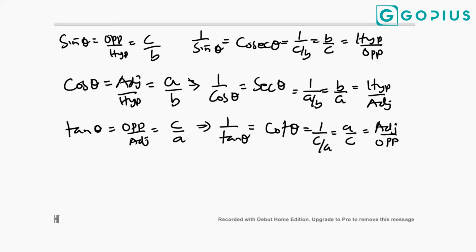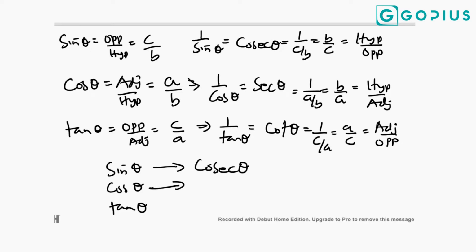So in summary, the basic trig ratios we have are sine theta, cos theta, and of course tan theta. Taking their inverses, you have cosec theta as the inverse of sine theta, sec theta as the inverse of cos theta, and finally cot theta as the inverse of tan theta.